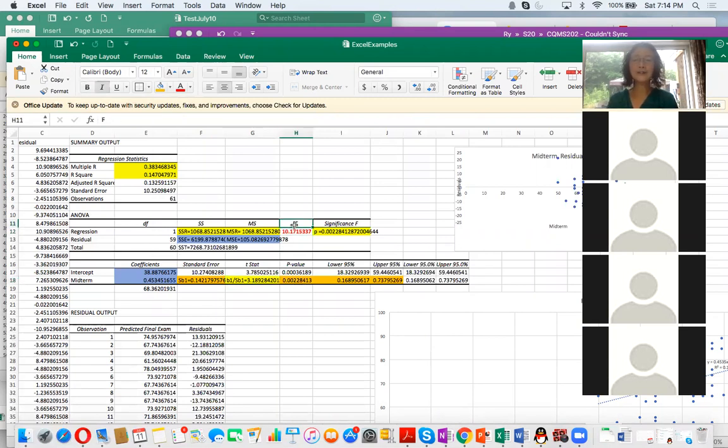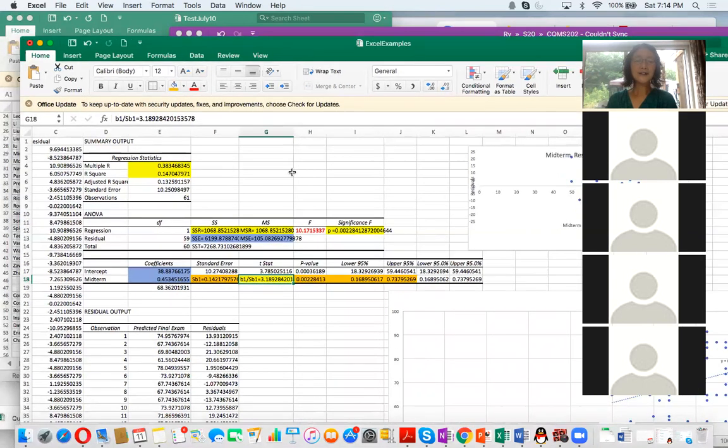The F test statistic is for the overall model. The T test statistic is for the individual X. In this example, the individual X is the midterm. Okay, that's why you have 2 different test statistics. One is F, the other is T.